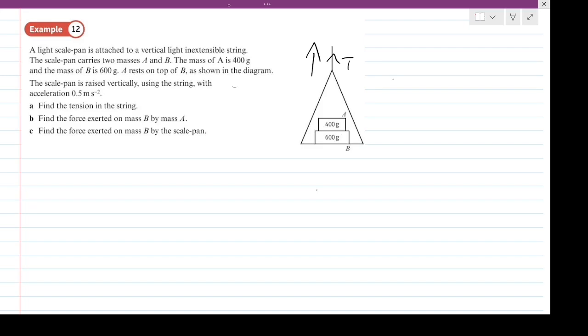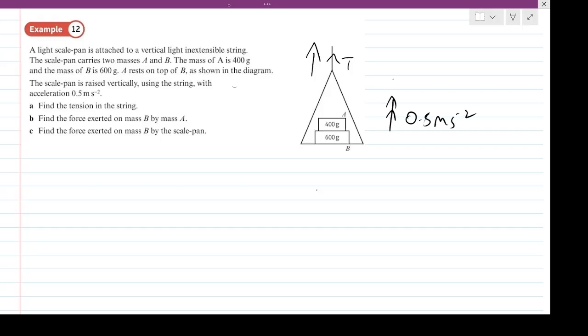Firstly, A is in contact with B. We've also got B in contact with the whole scale pan itself, because it's resting on the scale pan. The scale pan is raised vertically, so it's going to move upwards with acceleration 0.5.